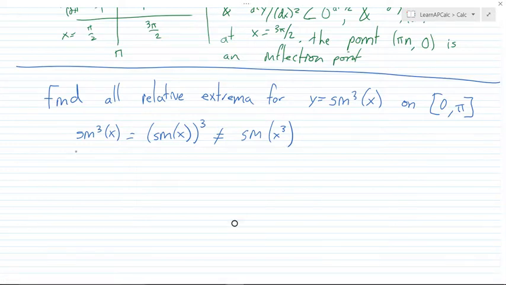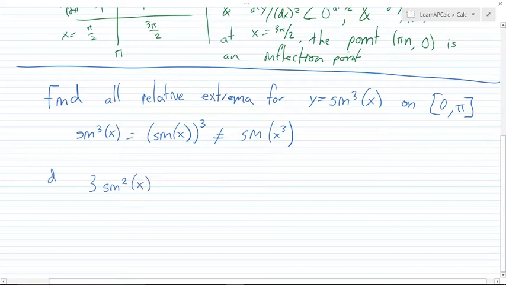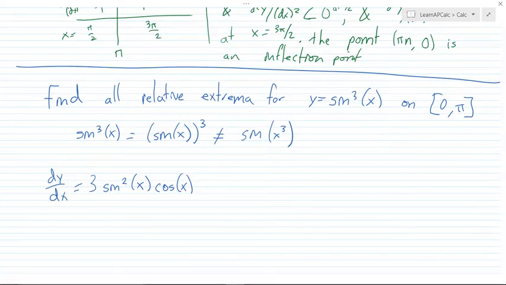So to take the derivative of this, we can just do the chain rule. So 3 sine squared x, and then we just want to do the chain rule, so the derivative of sine is cosine. Alright, so now we need to set this equal to 0 and solve for x.